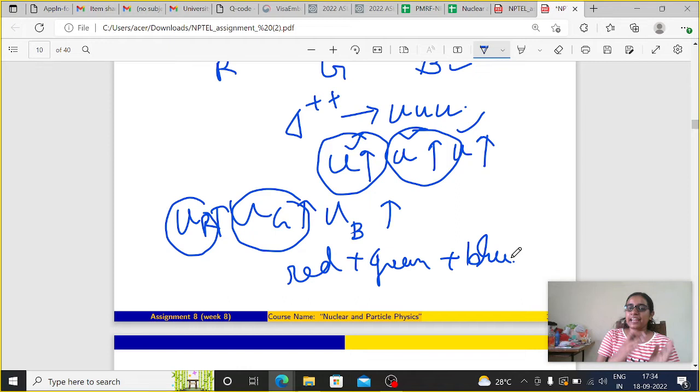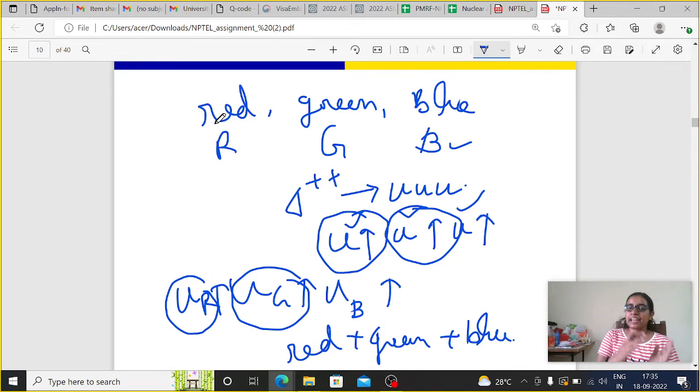You have not heard that the proton is red or the proton is green, because all these are colorless, meaning white. So to make the proton, neutron, delta plus plus and all these particles colorless, we introduce that configuration of red, green and blue.